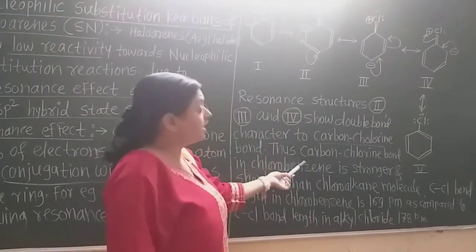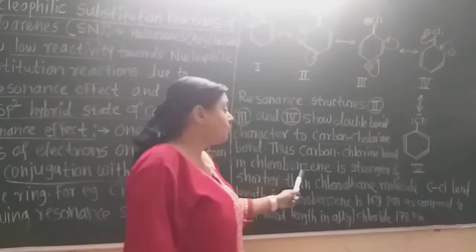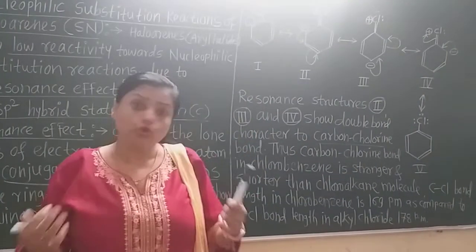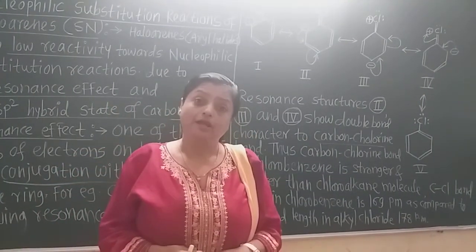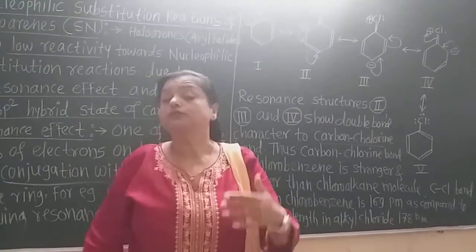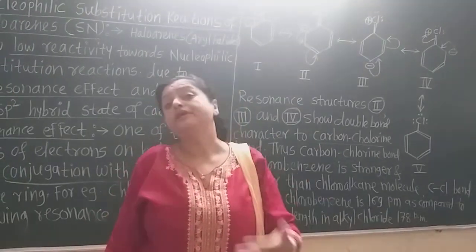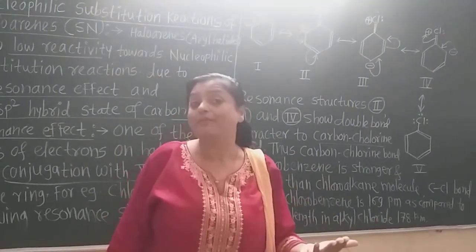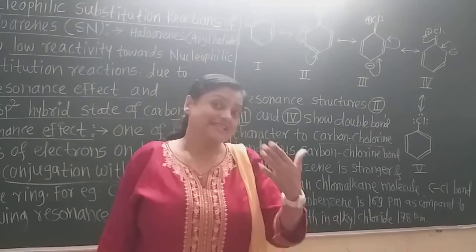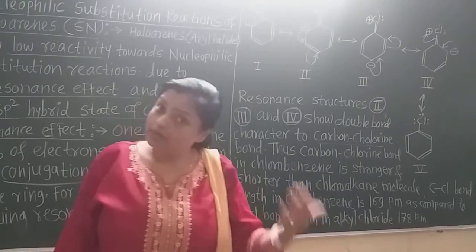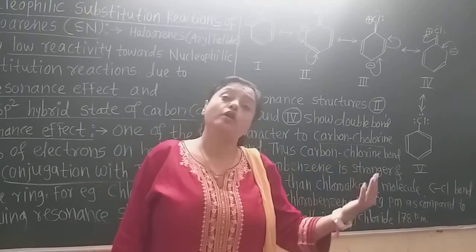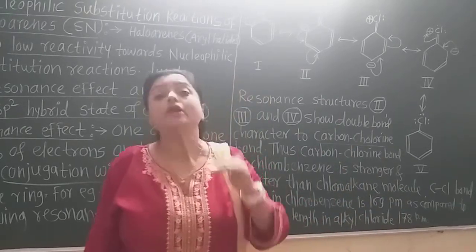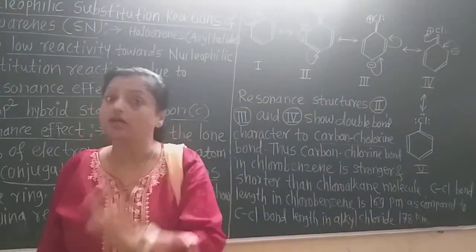And thus the carbon-chlorine bond in chlorobenzene is stronger. We know in the 11th standard, as the multiplicity of the bond increases, the bond becomes stronger. What is meant by multiplicity? That is single bond, double bond and triple bond. Triple bond is always stronger than double bond, and double bond is always stronger than single bond.